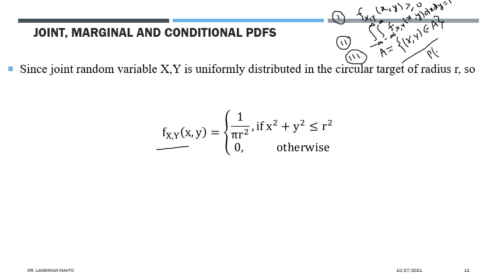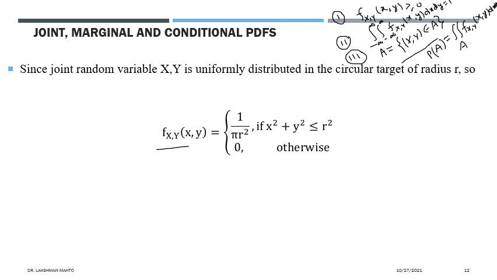To calculate the probability of this set, we integrate the joint density function over the region where this event is defined, that is, the domain of the event, with respect to x and with respect to y. So these three properties would come.